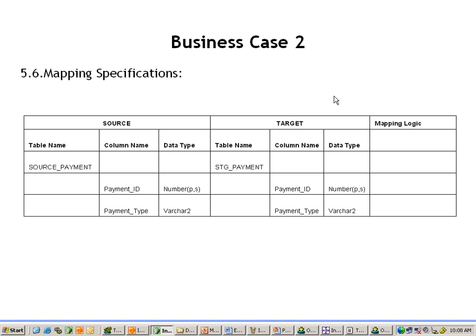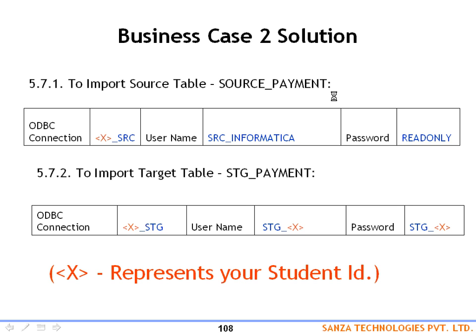So defining it, you go ahead and open your sheet of paper 5.7.1, write that ODBC connection, username and password. ODBC connection for target, that is your STG payment table, you write it down, that ODBC and the username and the password. This document will be useful for you when you do the lab.